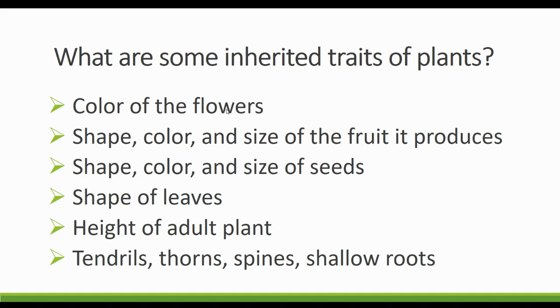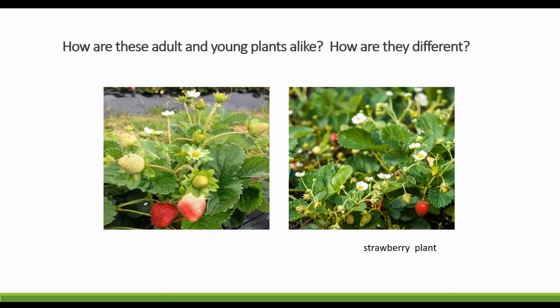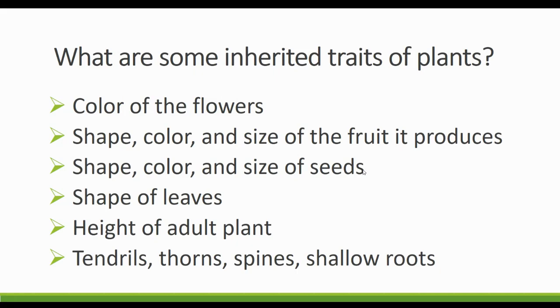The color of the flower is usually going to be the same. The shape, the color, and the size of the fruit it produces. Again, the strawberry plant and the corn plant. If the adult plant produces corn, then the young plant will also produce corn. Same thing with the strawberry plant. If the adult plant has fruit, the young plant is also going to inherit that and make the same fruit.